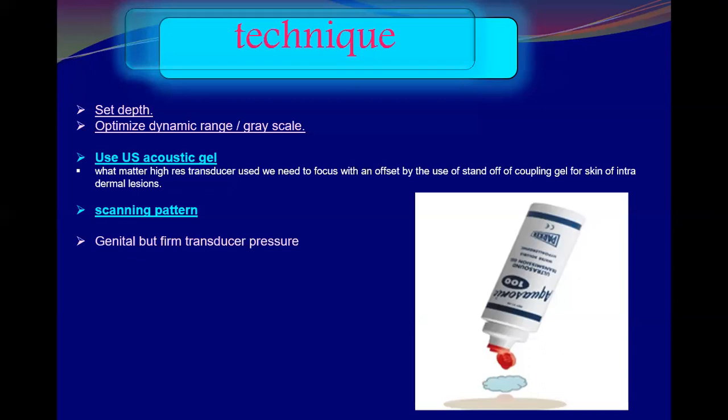What are the scanning patterns for breast ultrasound? Either clockwise or radial. Excellent.